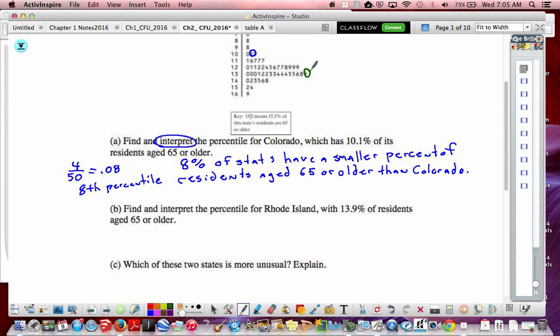One way of looking at it is if I go backwards, 1, 2, 3, 4, 5, 6, 7, 8, 9, 10, that means there's 10 states at or above, leaving 40 states below. So a faster way of getting that is 40 out of 50, which is 80%, or the 80th percentile.